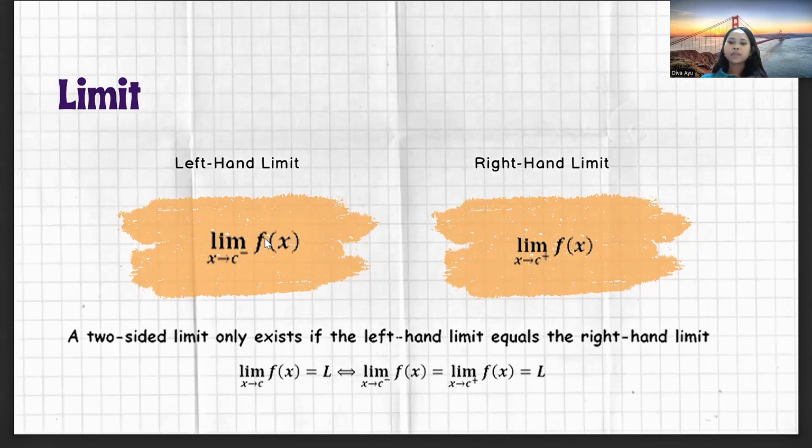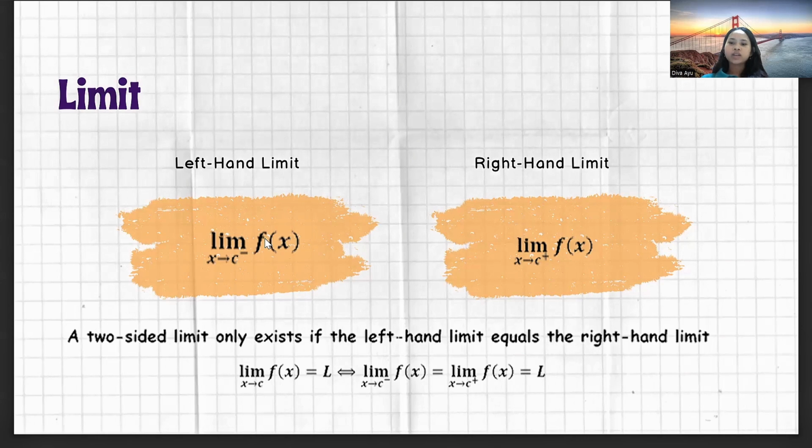A left-hand limit means that the value of x approaches a certain number from values that are smaller than that number. This notation is shown on the slide. We read it as the limit of f of x as x approaches a from the left.